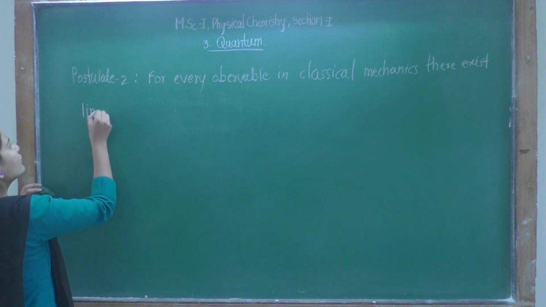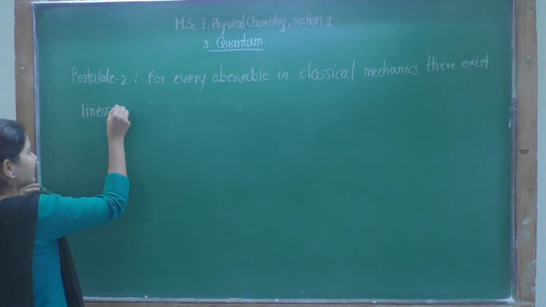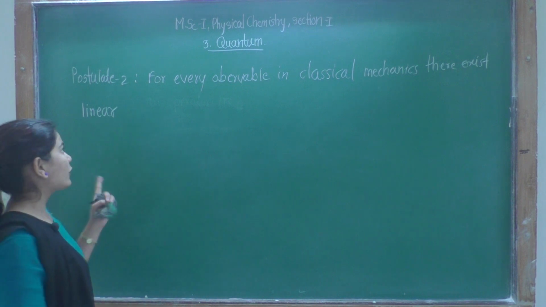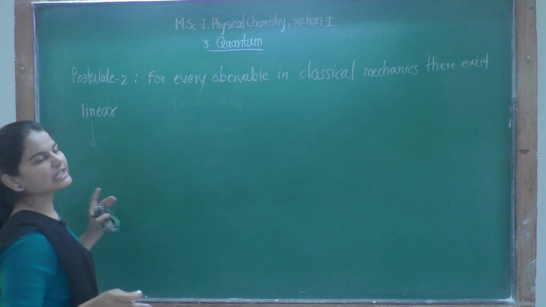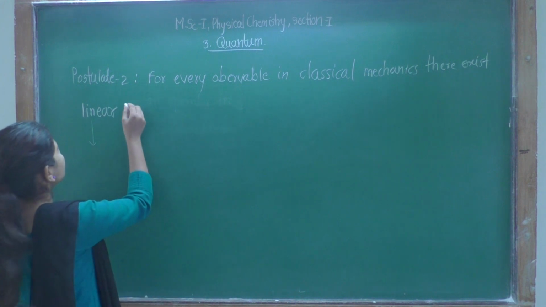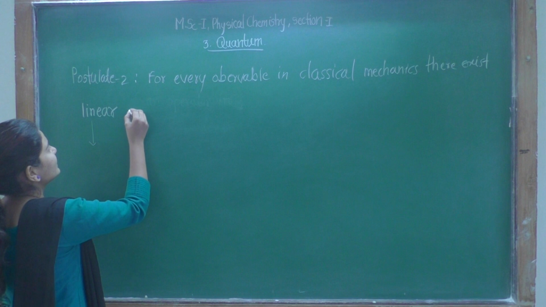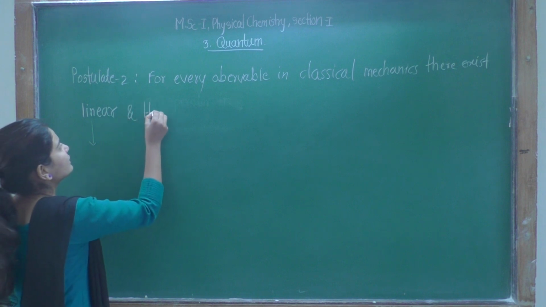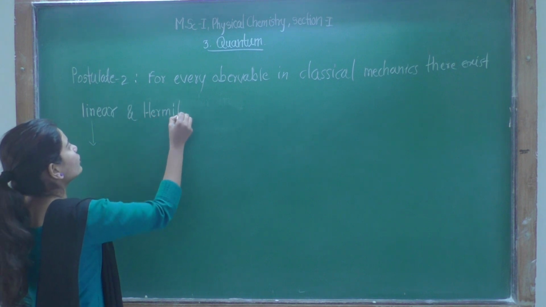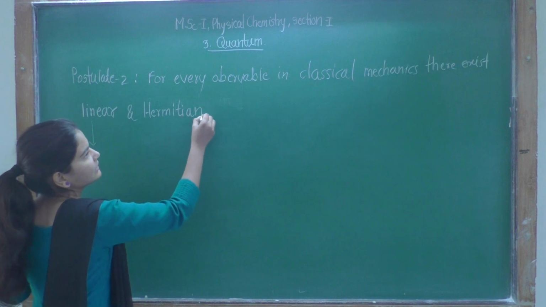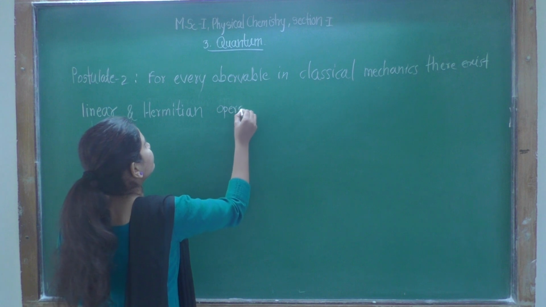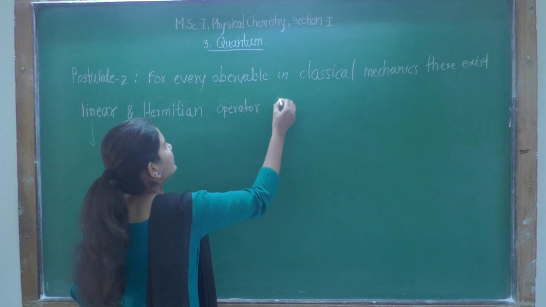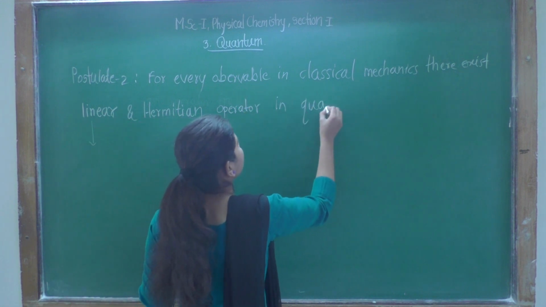Linear. First of all, the first condition is it should be linear. We have seen what a linear operator is, and again we are introducing a new term, which is called Hermitian. There exists a linear and Hermitian operator in quantum mechanics.